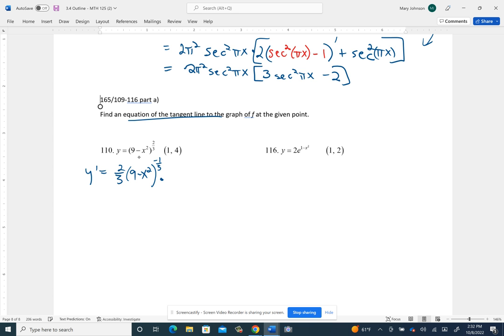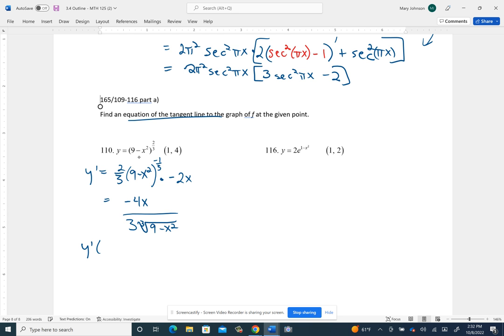Don't forget to do the derivative of the inside, which would be -2x. Take a moment maybe to clean that up a little bit. Maybe remember what that is. There's a 3 down there. Negative means it would move to the denominator. It was 1/3, so it'll be a cube root. Maybe rewrite it like that.